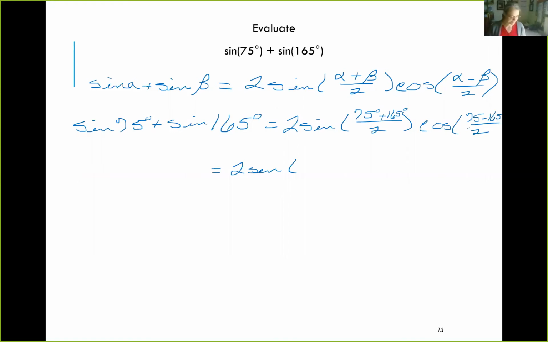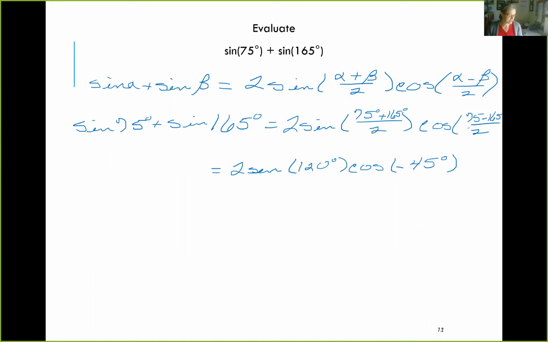Let's check that. 165 plus 75 is, yes, 240, divided by 2 is 120 degrees, multiplied by the cosine of 75 minus 165, which is negative 90, divided by 2 is negative 45 degrees.